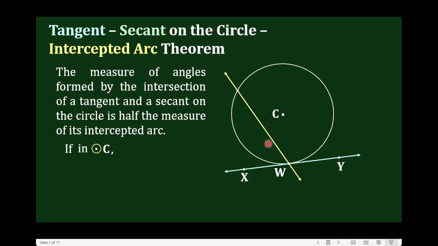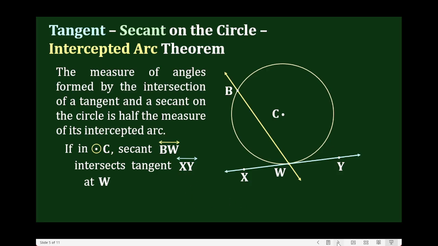And this yellow line is your secant, whose name is line BW. So in this circle, secant line BW intersects tangent line XY at point W. When that happens, these two lines form an angle, and that angle is named as angle BWX.